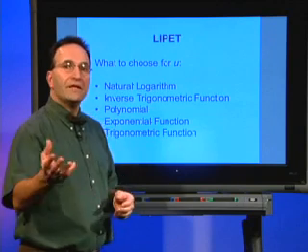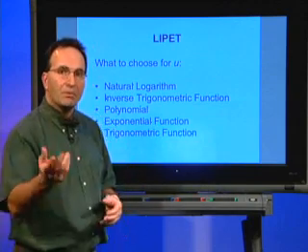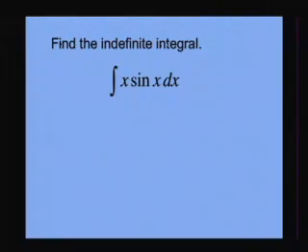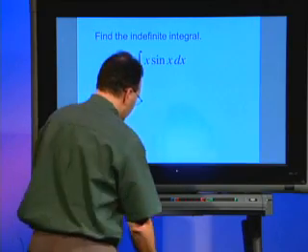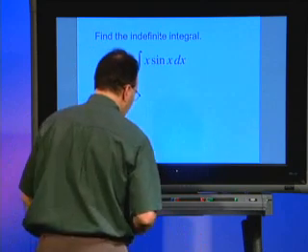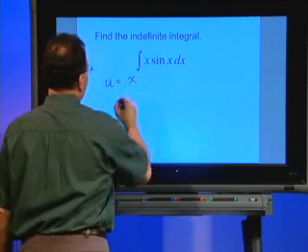All right, I think the best way for us to look at this would be to take an example and apply the formula. So let's take, for example, find the indefinite integral of x times sine of x. The way we want to do this is to choose a u which would make it easier. So I'm going to choose u equals x.